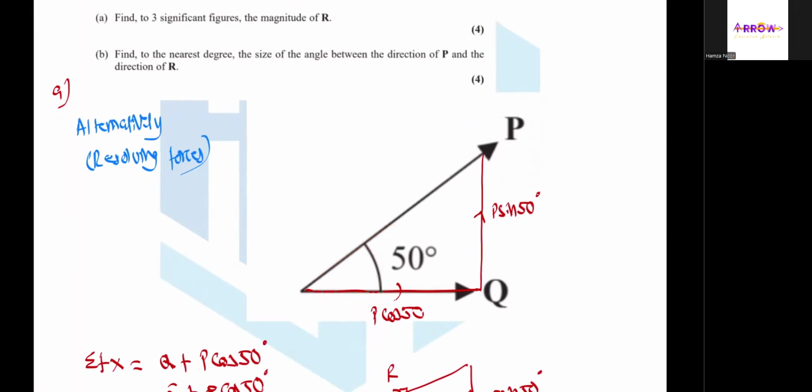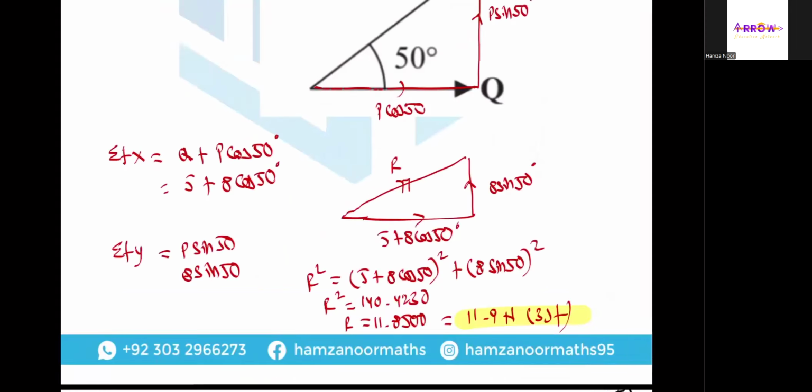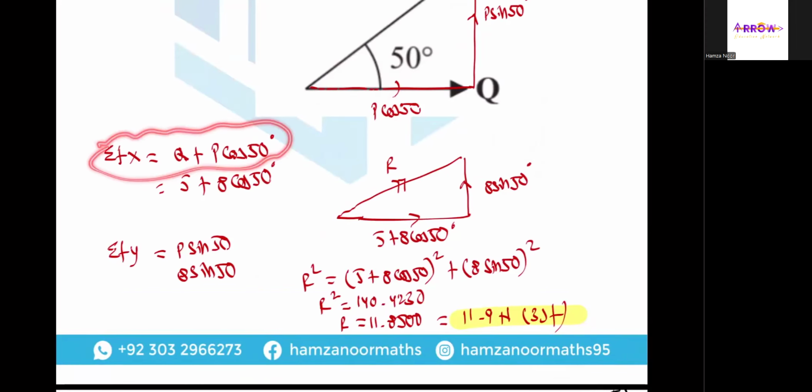P sin 50 is opposite to the angle 50 and P cos 50 is adjacent to the angle 50. Q itself acts horizontally towards the right. So the sum of the forces acting horizontally would be Q plus P cos 50. Makes sense? Q plus P cos 50, meaning 5 plus 8 cos 50.